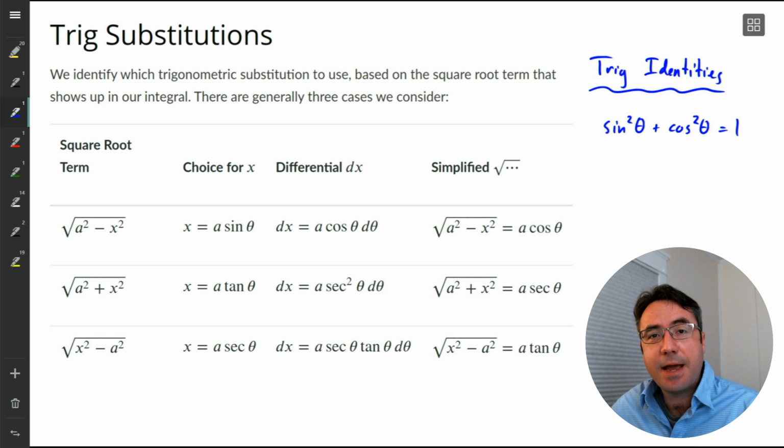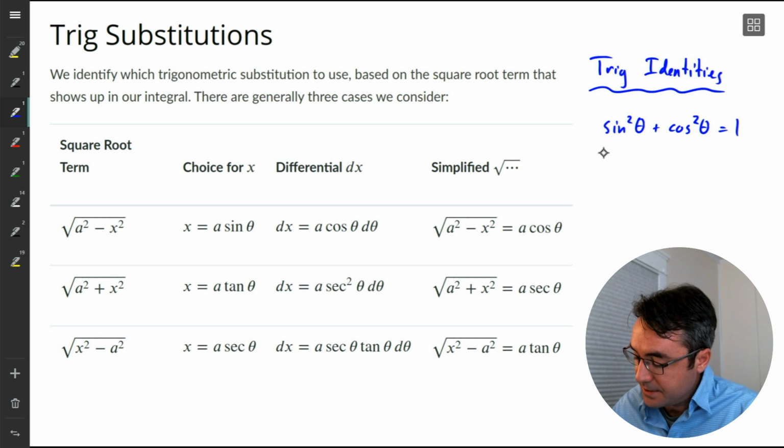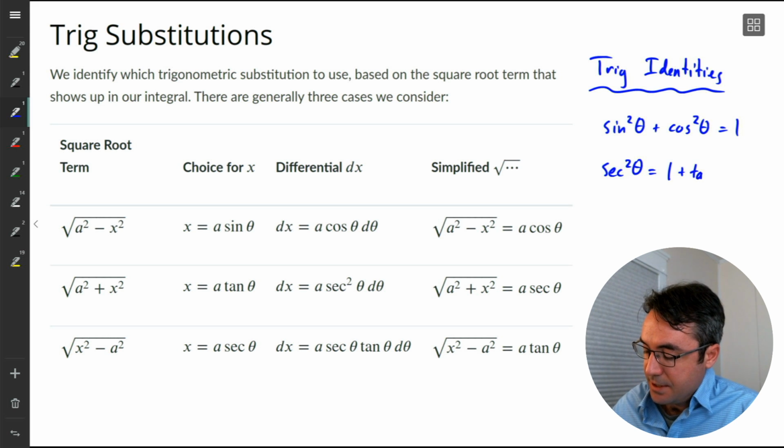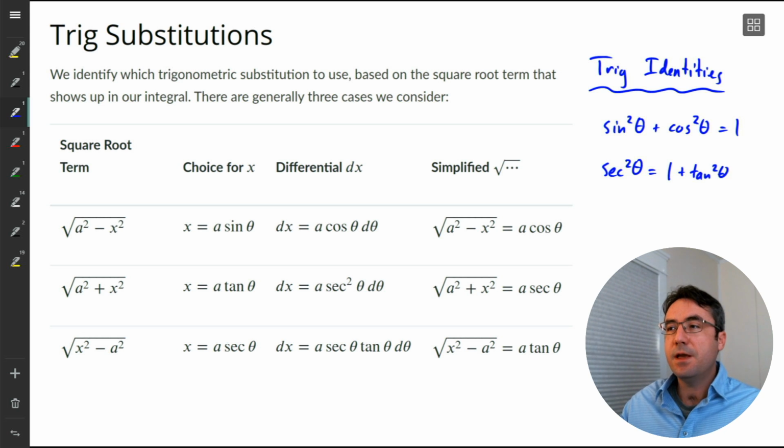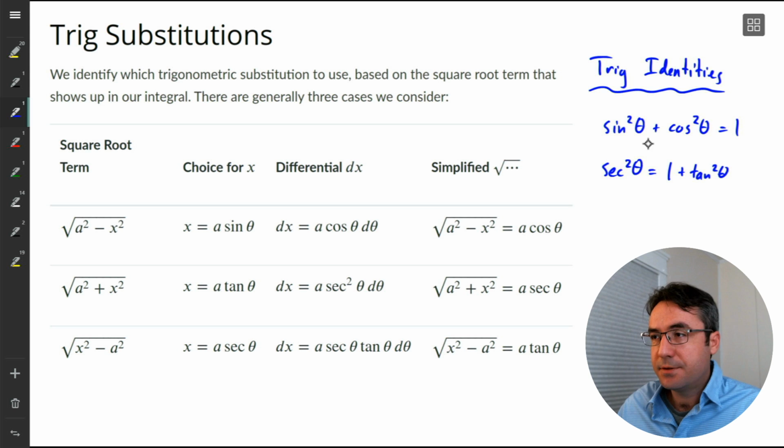And then we also had one for tangent and secant, which said secant squared theta is equal to 1 plus tangent squared theta. So we had these two nice trig identities that we've used before in some capacity with our trig integrals. And they allow us to simplify things down.